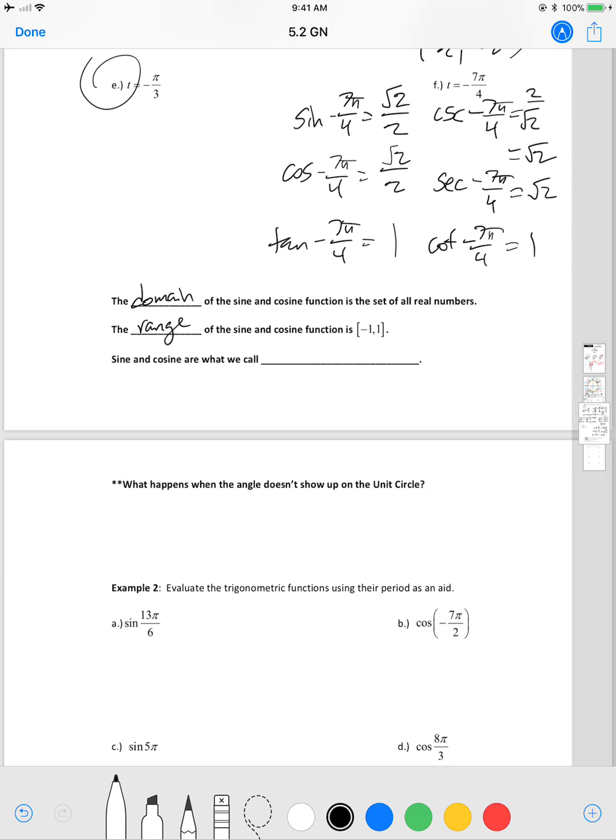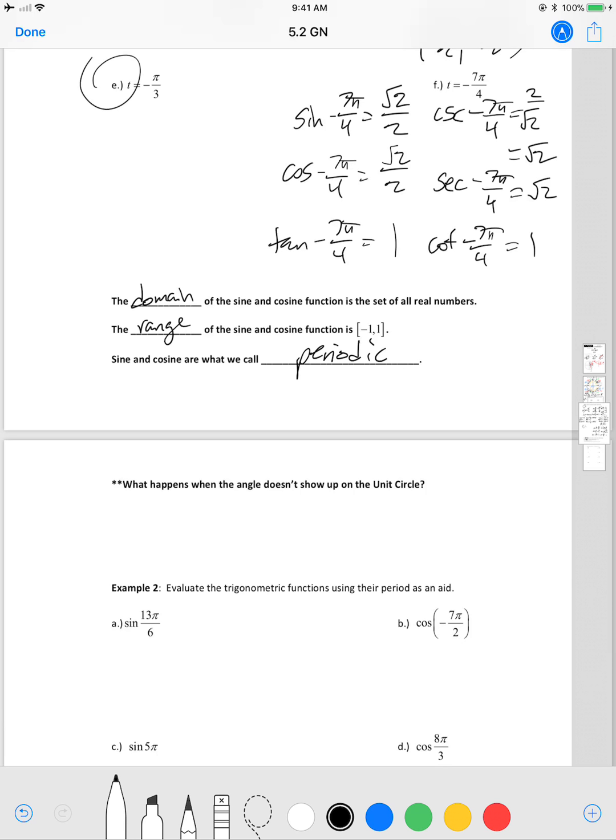Sine and cosine are what we call periodic functions. Periodic means it repeats regularly, right? Every 2 pi, I can go around the whole circle again and get back to the same point. So that's what we mean by periodic. The tide is periodic. It repeats regularly.